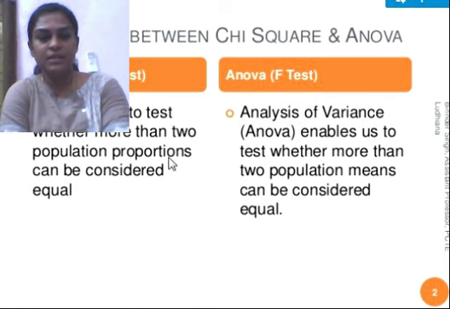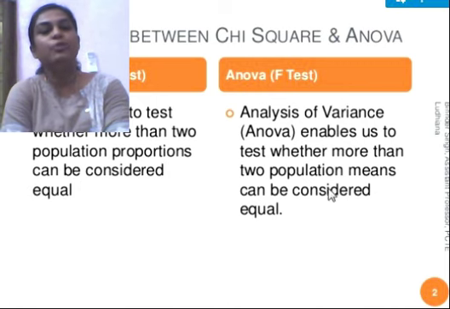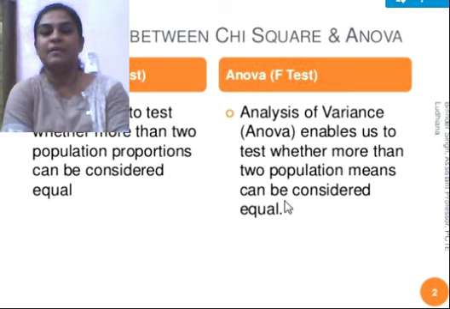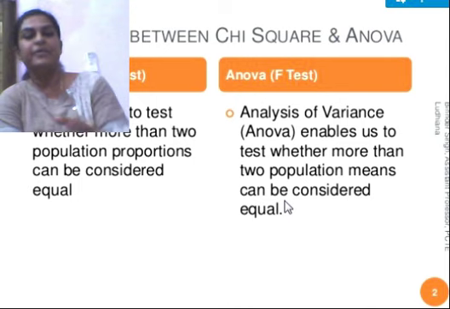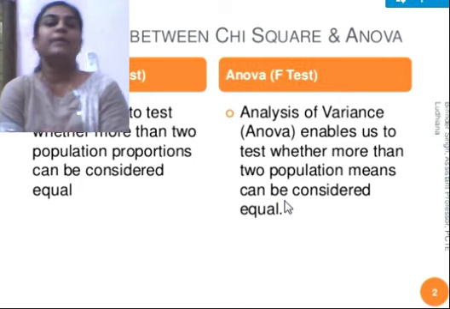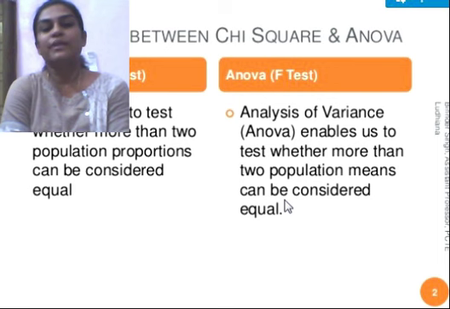But ANOVA helps us to know whether more than 2 population means can be considered equal. This is the one important difference we have to find between ANOVA and the chi-square test.